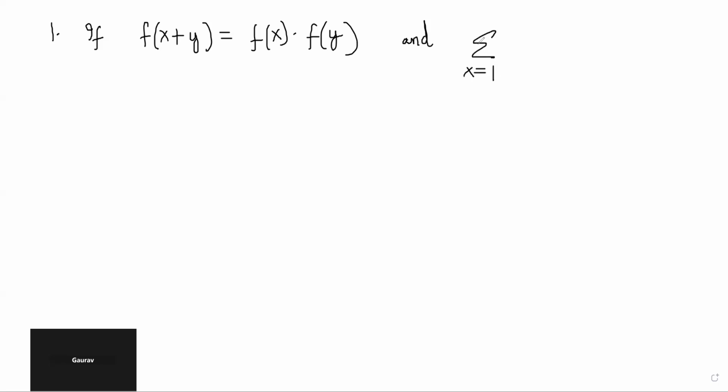Question 1 is: if f of x plus y is equal to f of x into f of y, and summation x goes from 1 to infinity, f of x is equal to 2, where x and y belong to natural numbers. Find the value of f of 4 by f of 2.